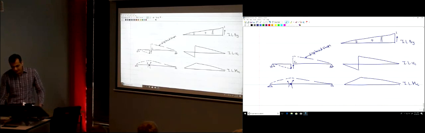Let's take more examples on using the Muller-Breslau principle. Example 6.9. We're required to draw the influence line of AY for each of the shown beams.